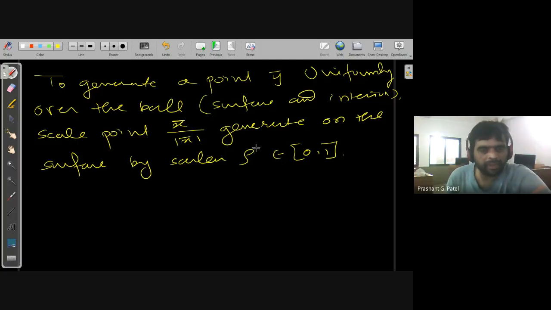So by similar reasoning, the density of rho is proportional to r in two dimensions. In three dimensions, it is proportional to r square.